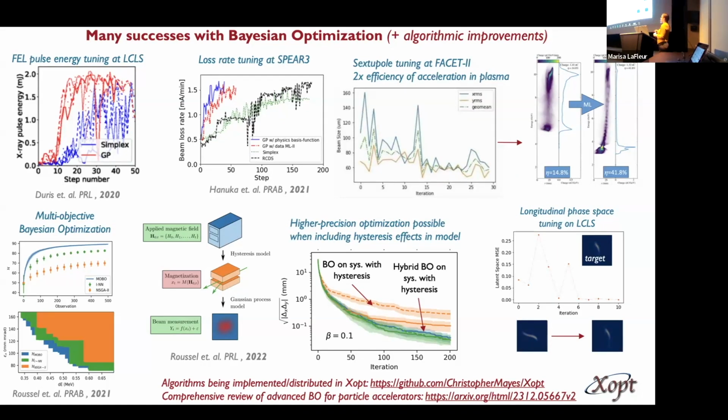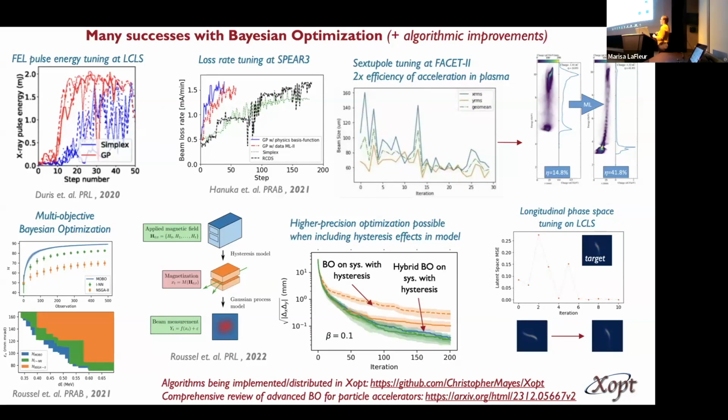And then in terms of things that we've built upon algorithmically, we've started to do things like put simple differentiable physics modeling into some of the modeling that we do in Bayesian optimization to help with increased accuracy in tuning and increased speed of tuning. So this is an example where we have this problem of magnetic hysteresis in a lot of our tuning problems.